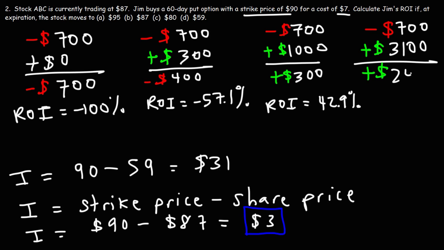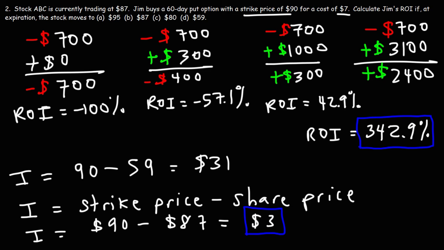So as you can see, if the price of the stock moves down significantly, the potential gain for this particular strategy can be quite significant. 2,400 divided by 700 times 100%, he's looking at an ROI of 342.9%, which is very good. But that's if the stock moves significantly in his favor.